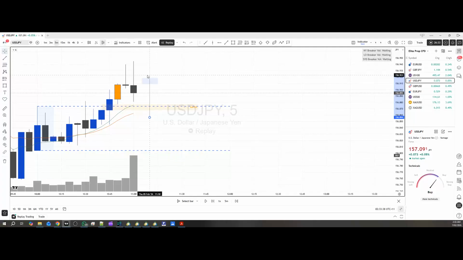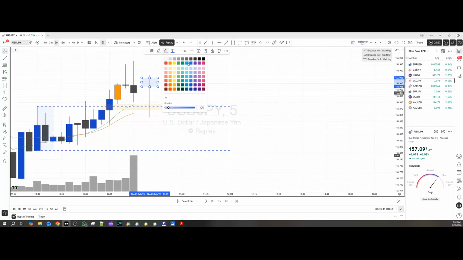No, this is not a pin bar. This is a pin bar. Beautiful.